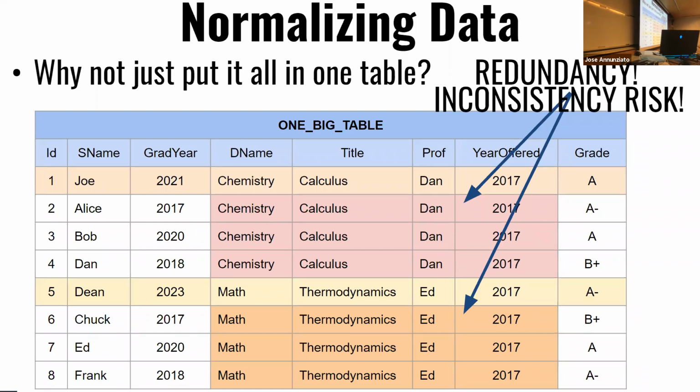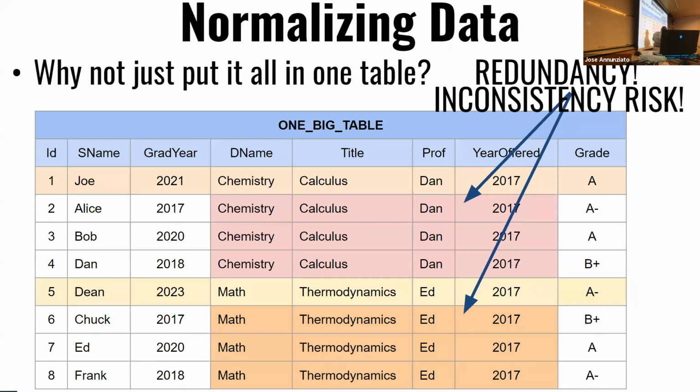I can have the students over here, and show what courses they're in, and the professor that's teaching that section, and when it was offered, and the grade you got. So if we put everything in one table, you'll notice that Joe and Alice and Bob and Dan, they all went through chemistry.